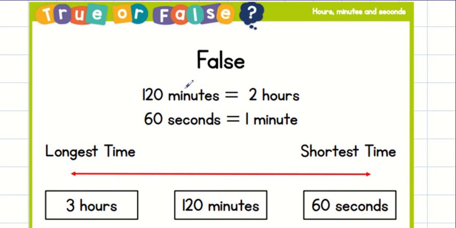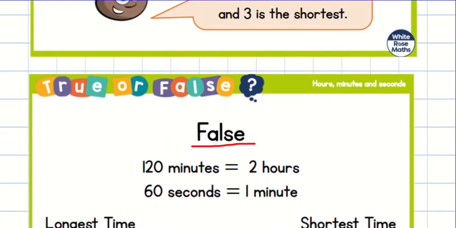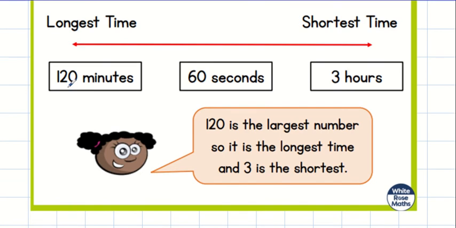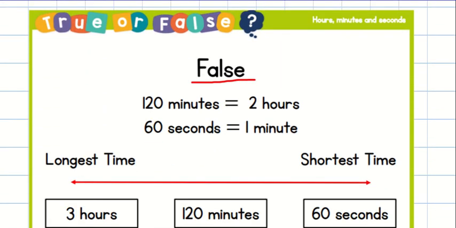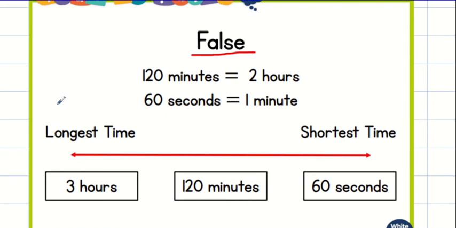Hopefully you recognise that that was a false statement. It was true that 120 is the largest number, but that doesn't necessarily make it the largest time. So we said that there were 60 minutes in 1 hour.